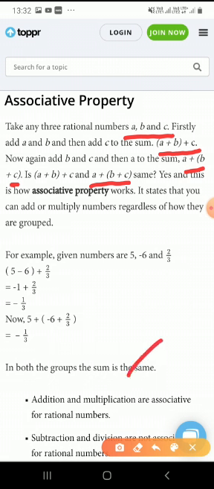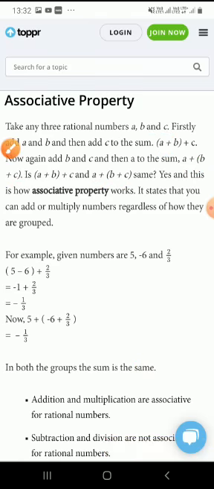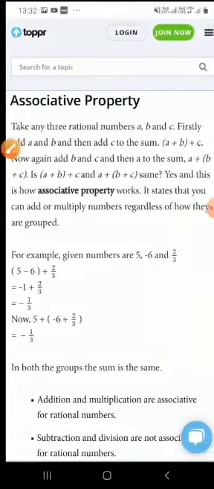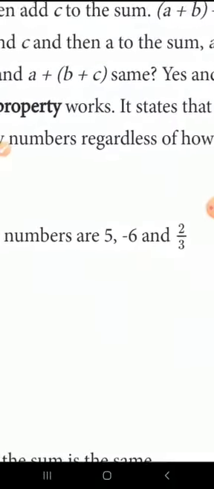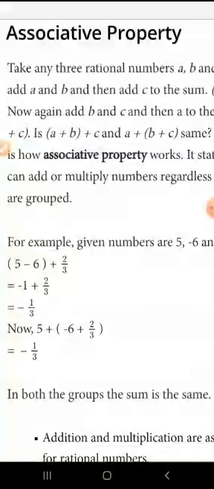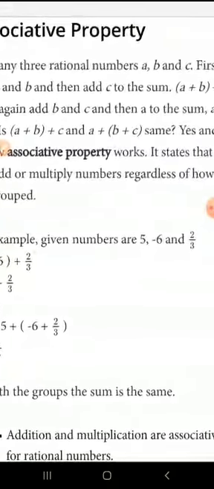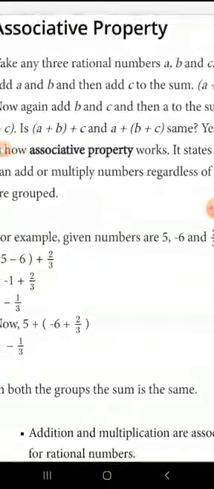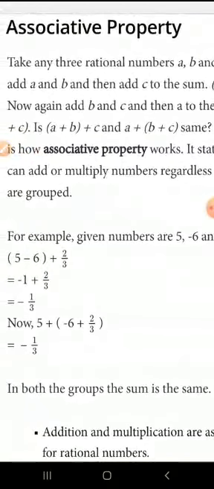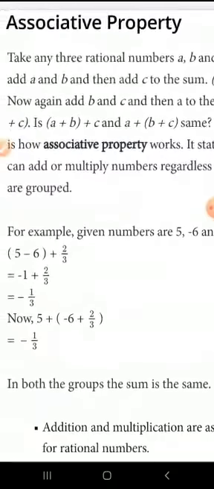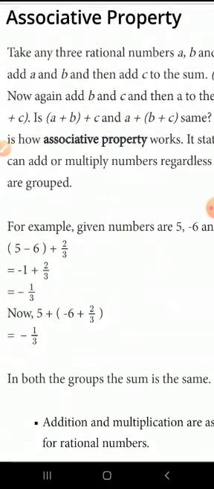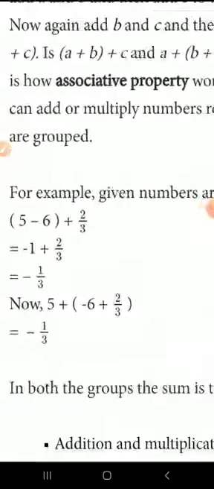Let us check it with the help of an example. The three rational numbers being taken are 5, minus 6 and 2 upon 3. Let us add them. First, let us add 5 and minus 6, and then whatever answer comes, we are going to add it to the third rational number, that is 2 upon 3. So 5 minus 6 gives you minus 1, plus 2 upon 3 gives you minus 1 upon 3.